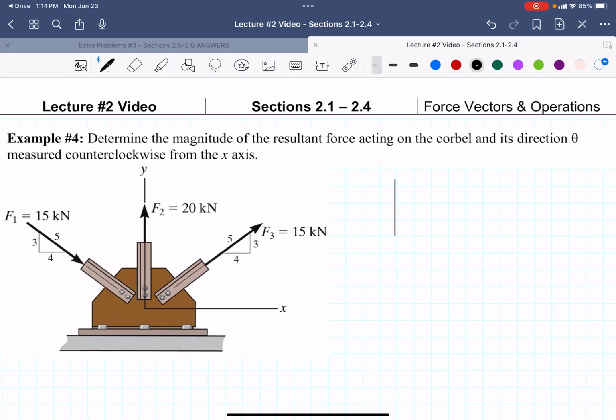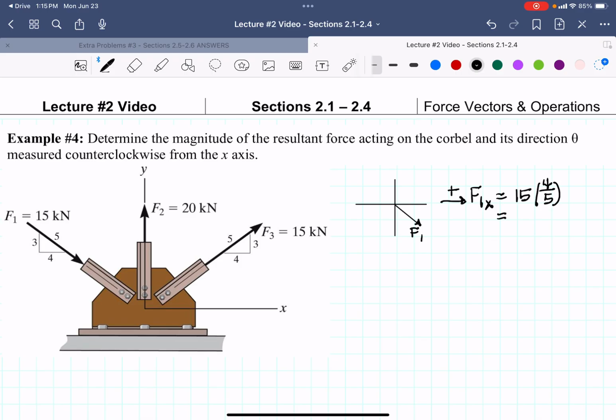Now, if I was to draw an x and y axis, notice that F1 is pointing this direction, down into quadrant 4. So it's going to have a positive x, but a negative y. If I say right is positive, my F1x is positive, and it's going to be 15, and parallel to the x-axis is 4 over 5 hypotenuse.